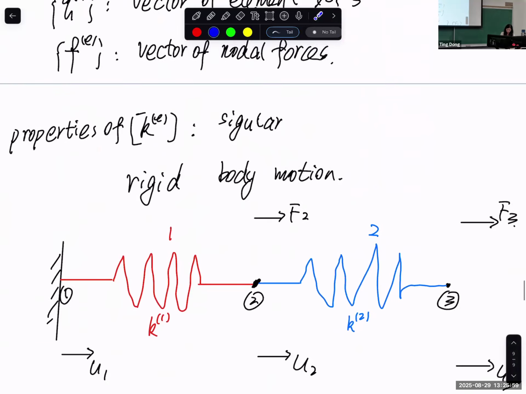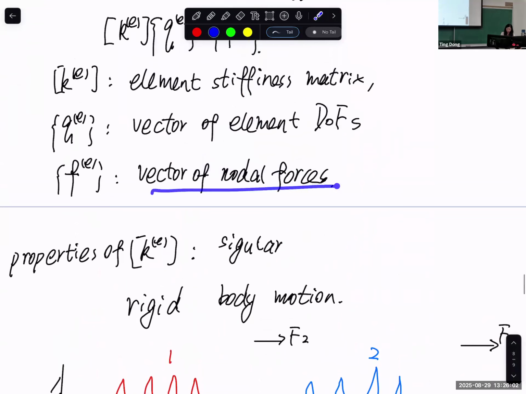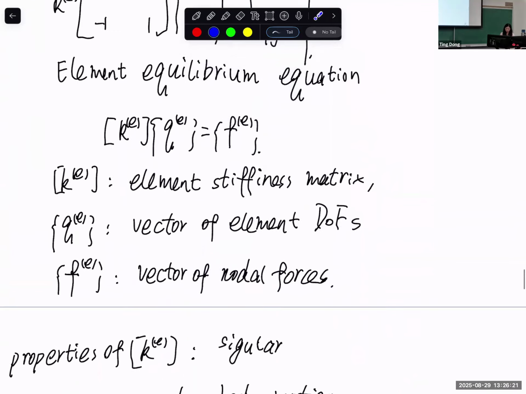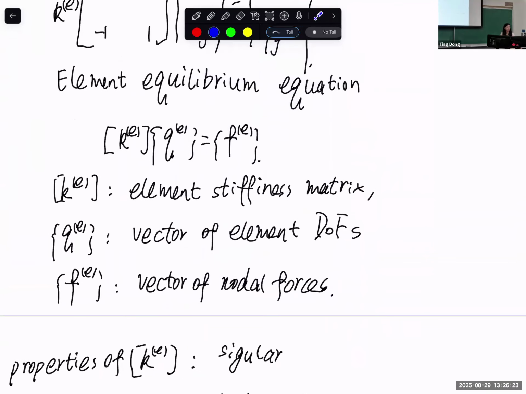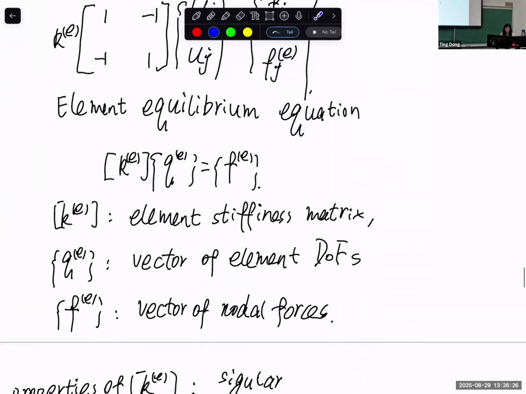Also, I don't want to confuse you. If you read the textbook, you may see a little bit of difference. In the textbook, I think it defines this one as the vector of internal forces. That is not correct. There's some minor mistake in the textbook, which happens to every textbook. But I want to explain why the difference from my lecture and textbook.